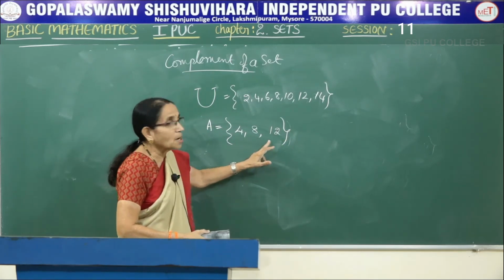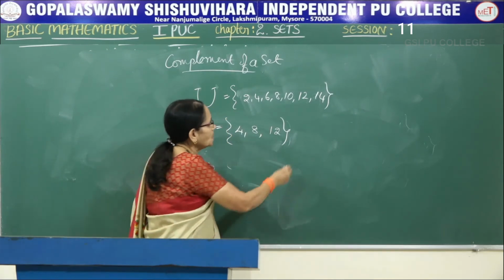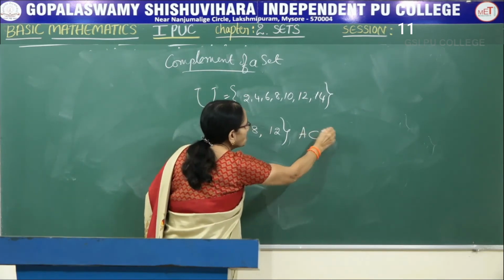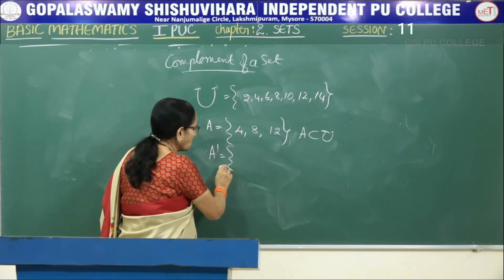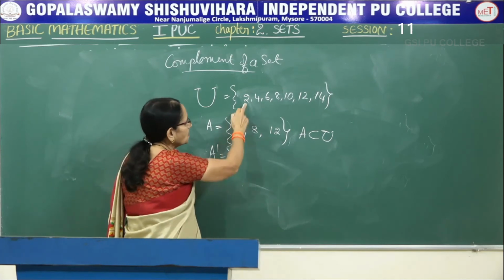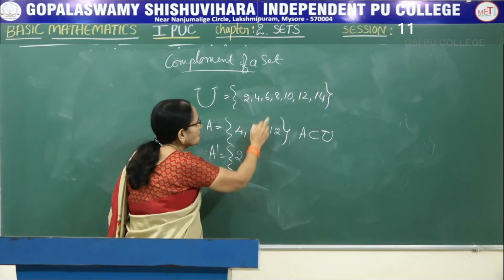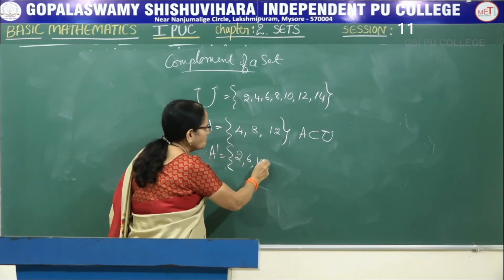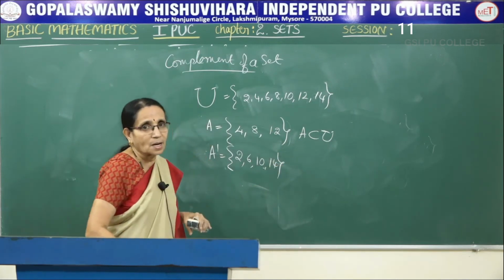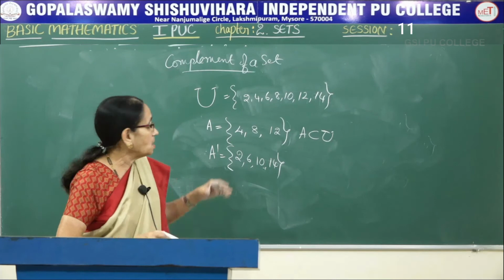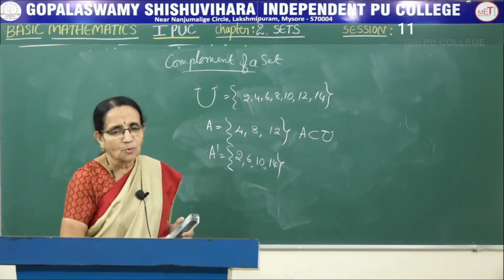You observe 4, 8 and 12 belong to the set U, therefore you can clearly say that A is a subset of U. So what would be A dash? Start with 2; 4 is there, omit that number; take 6; 8 is there, don't take that one; 10; 12 is there, omit that one; and 14. So the complement of A contains the elements 2, 6, 10 and 14.